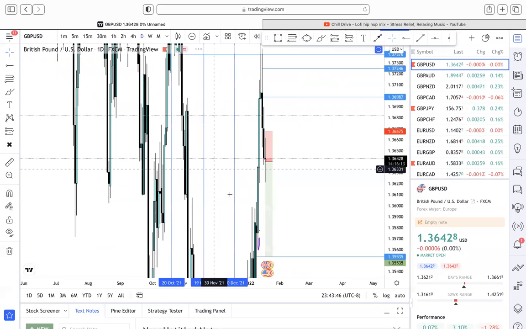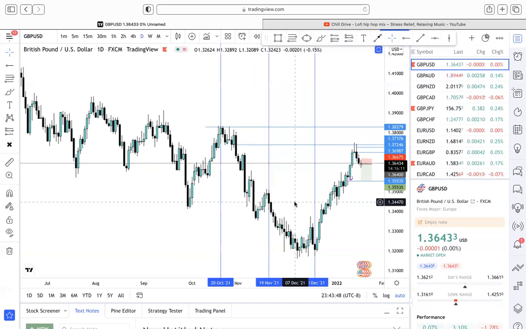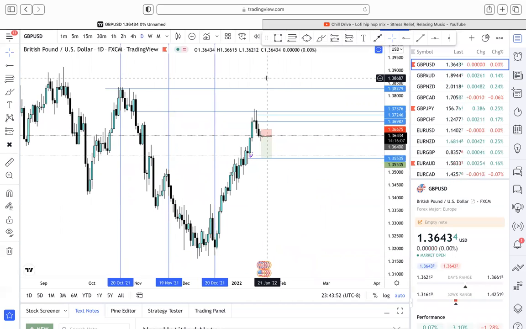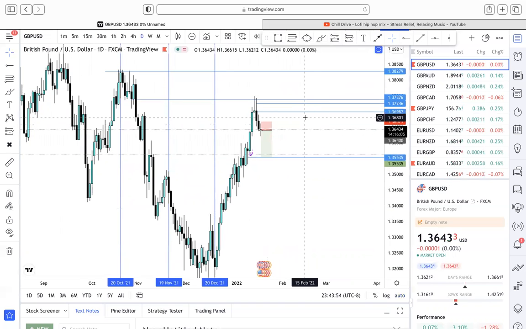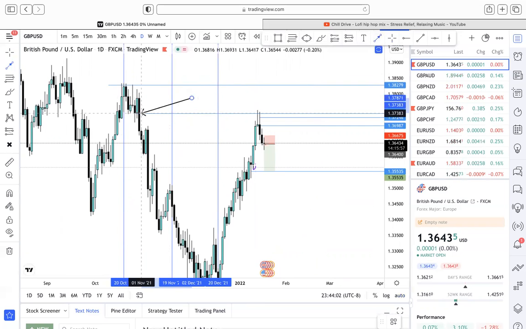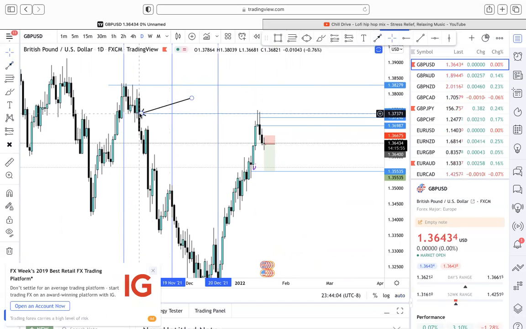So we take a look at the daily time frame here. Pretty simple, straightforward explanation, nothing too crazy. We just saw market come into this daily accumulation price candle that we have here.